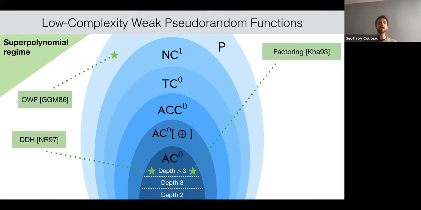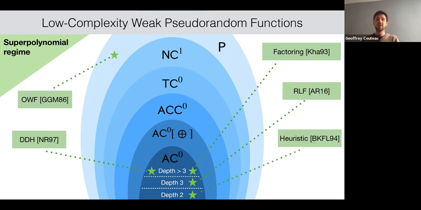But if we are happy with standard cryptographic assumptions such as DDH or factoring, we even have such a pseudorandom function in the class AC0 of constant depth circuits with AND and OR gates of arbitrary fan-in. And if you are okay with slightly more exotic assumptions, such as the existence of random local functions, or even heuristic constructions, then we even have candidates with very low depth inside AC0. So intuitively, in the superpolynomial regime, the question of finding out the complexity of weak pseudorandom functions is mostly settled.